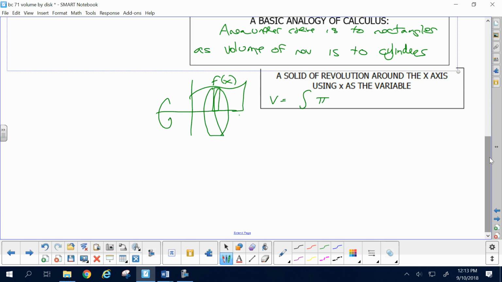Each cylinder is pi r squared h, but in the calculus sense, r is the function itself, and h is infinitesimally small. I'm talking paper thin discs, not big fat discs, so dx from low x to high x of the region. You could call that a to b. That's the big idea: the volume of revolution is done by many, many cylinders that are paper thin.